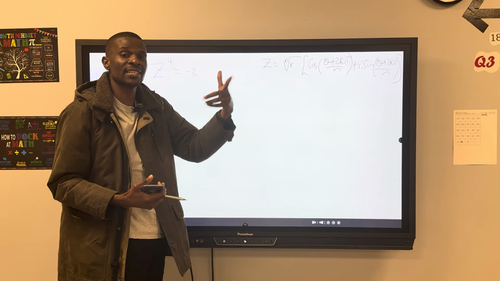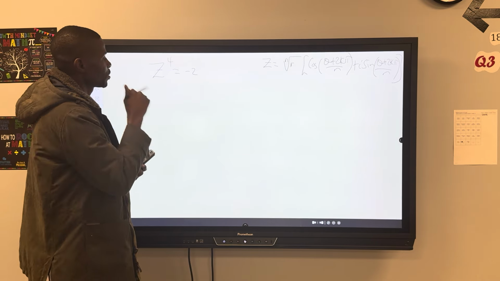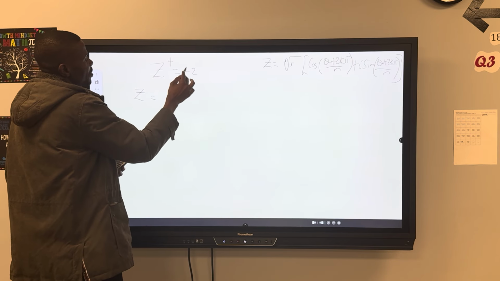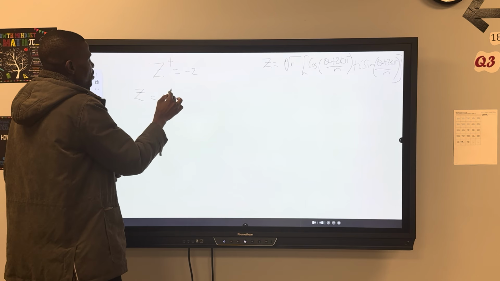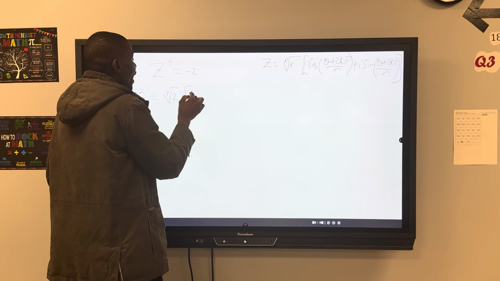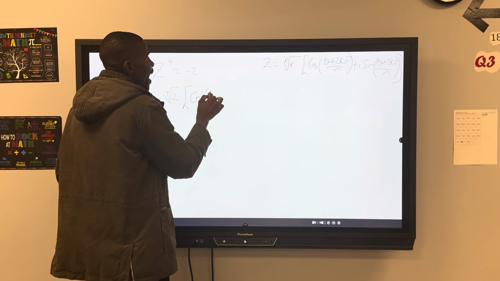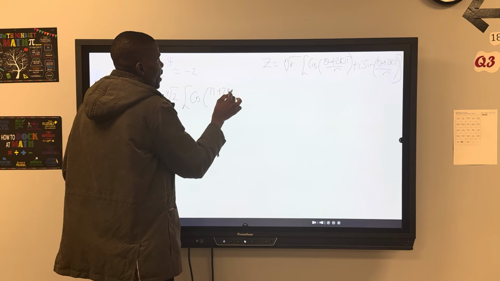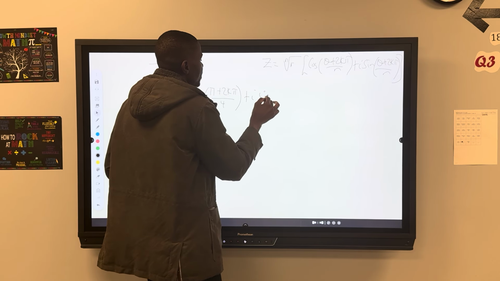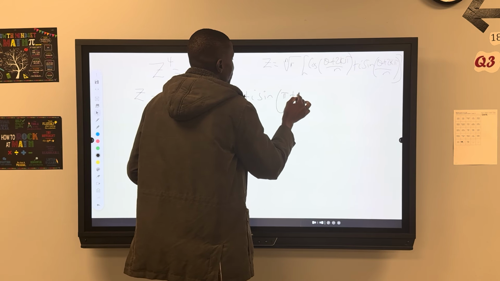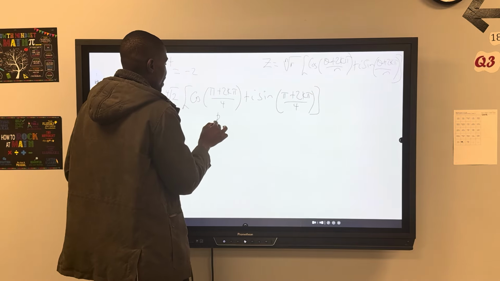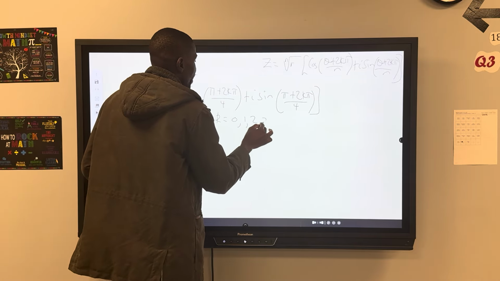We need this to generate the solutions, right? So our z, since our modulus is 2, it's going to be 4th root of 2, then cos of pi plus 2k pi over 4, plus i sine of pi plus 2k pi over 4, right? Then our k will be 0, 1, 2, and 3.